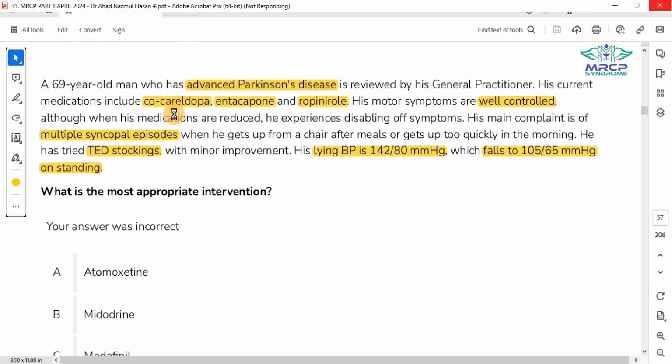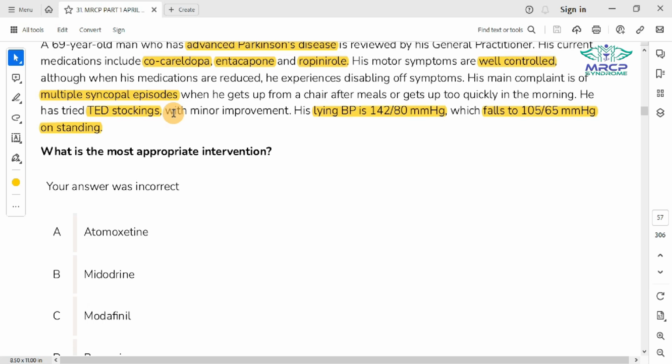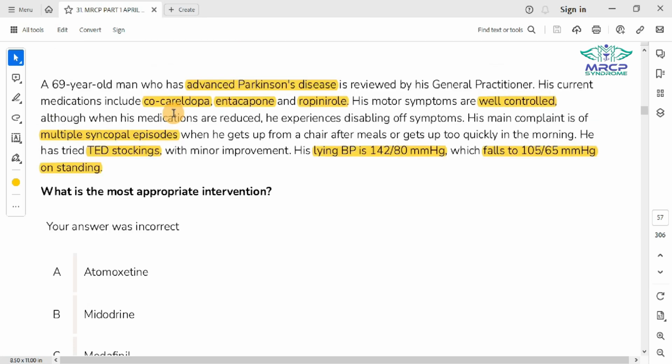Okay, so a 69-year-old man who has advanced Parkinson's disease is reviewed by the GP. His current medication includes co-careldopa, entacapone, and ropinirole. His motor symptoms are well controlled, although when his medications are reduced, he experiences disabling symptoms.